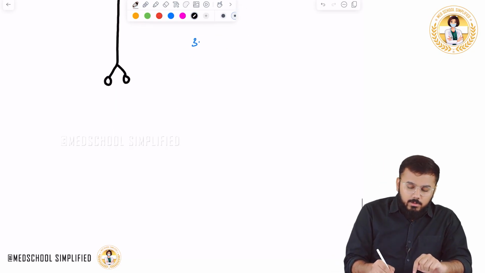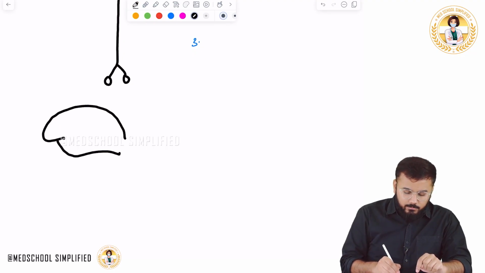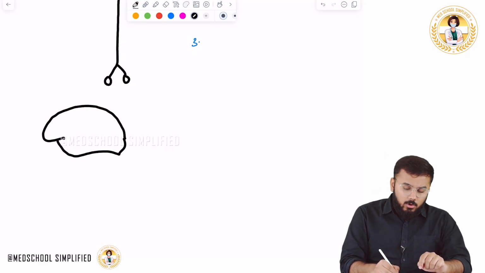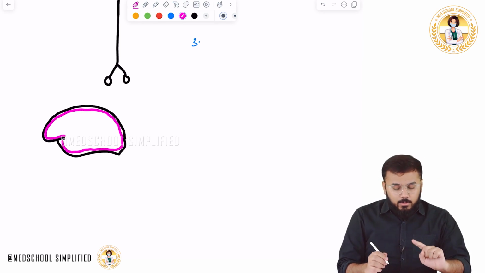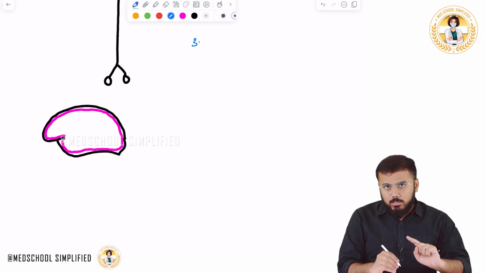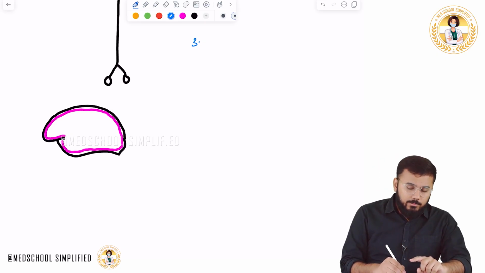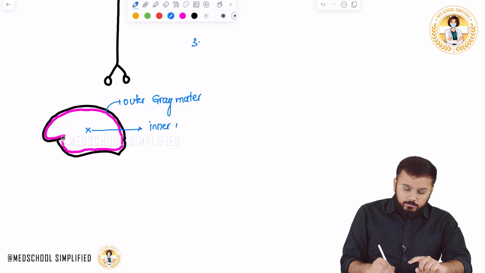Yeah. For example, if this is your cerebral cortex like this. See, this pink line which I am drawing right now is what is called your cerebral cortex, right? Now, all of you remember, whether it might be the cerebrum or the cerebellum, the concept is the same. In the cerebrum and cerebellum, you have outer gray matter, and in the center you see this is your inner white matter.